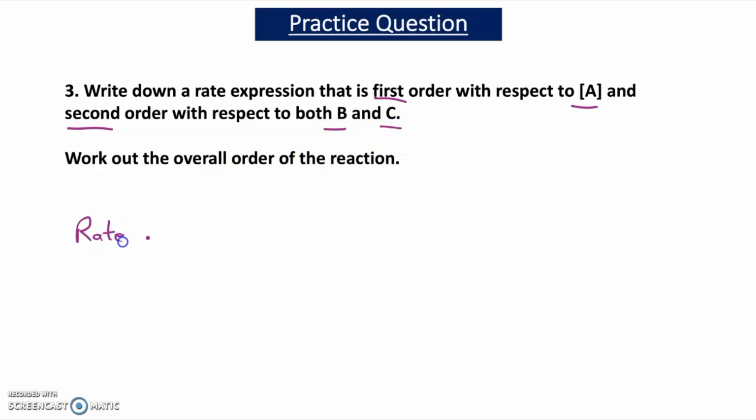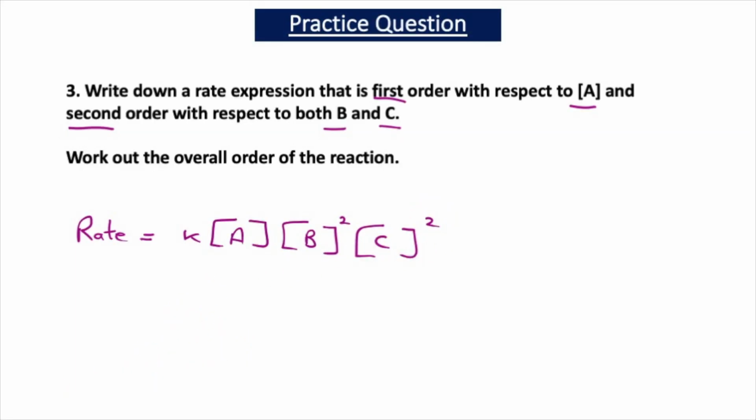So rate is equal to k, the rate constant, times the concentration of A times the concentration of B raised to the power 2 times the concentration of C raised to the power 2. So overall, this reaction is fifth order because A is first order, B is second order, and C is second order. So therefore, overall, it's fifth order.